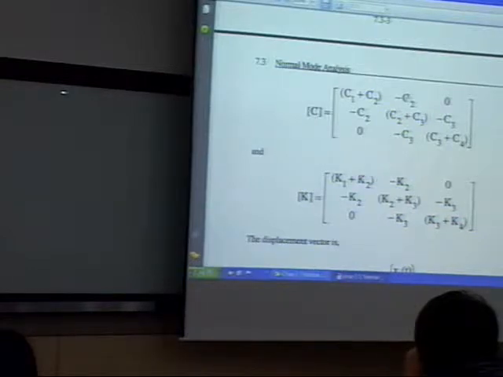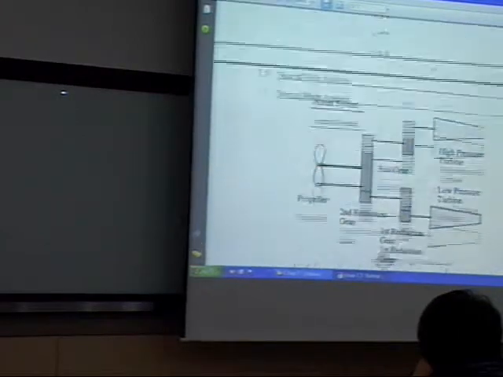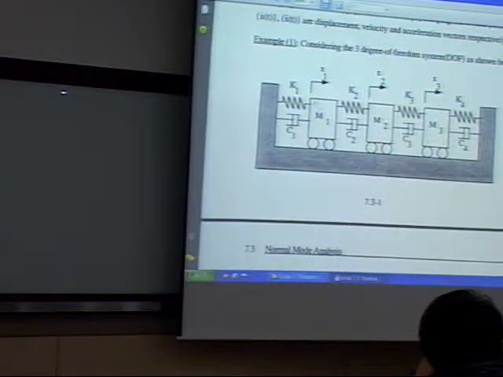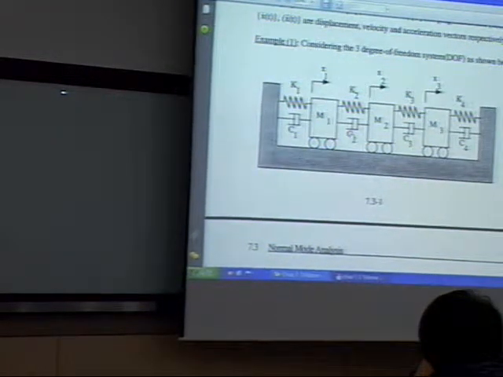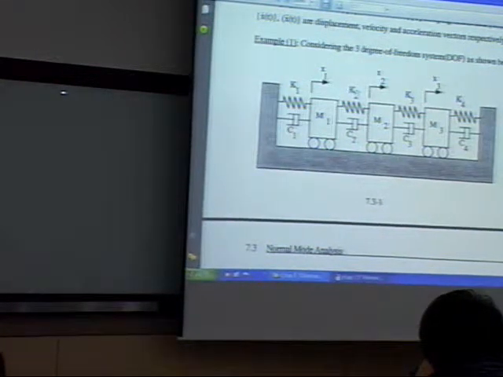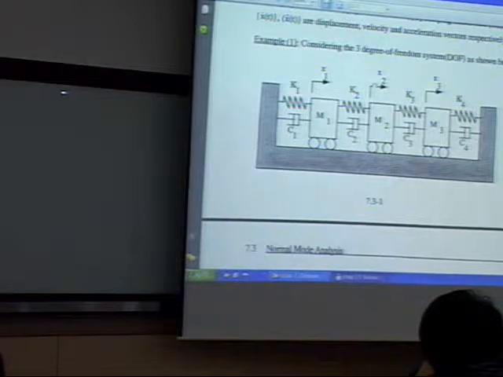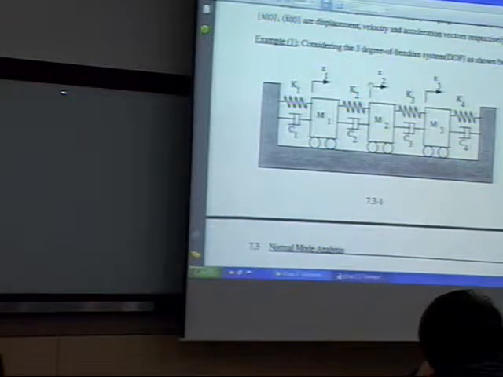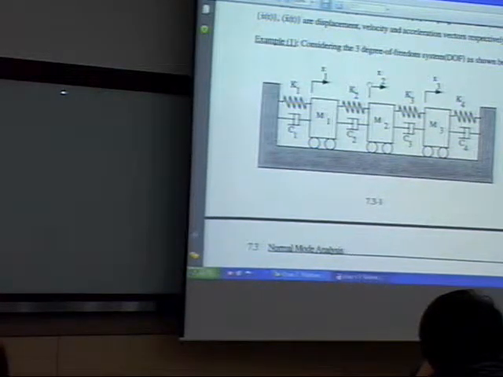So C2 will couple between x1 and x2, as you see here. Between x1 and x2 there is a C2. The C2 and the K2 couple x1 and x2. So in the matrix, there is a non-zero term in the x1 row, x2 column.